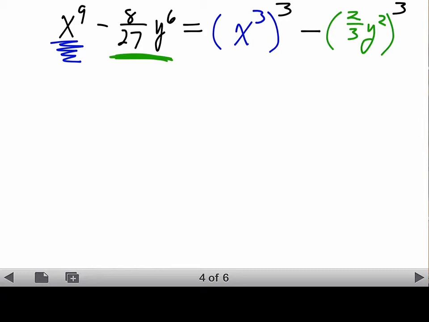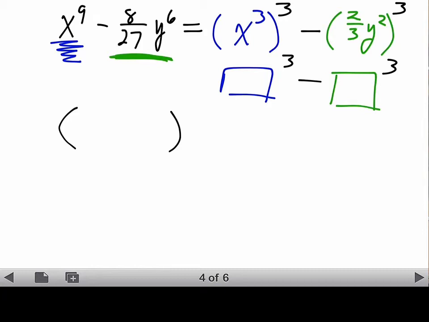Now I'm going to factor this in kind of an abstract way. In fact, I'm just going to go for the colors. So let me rewrite this in a slightly different way. So I've rewritten this as essentially blue cubed minus green cubed. And using SOAP, I'm going to write a smaller set of parentheses and a larger set of parentheses.